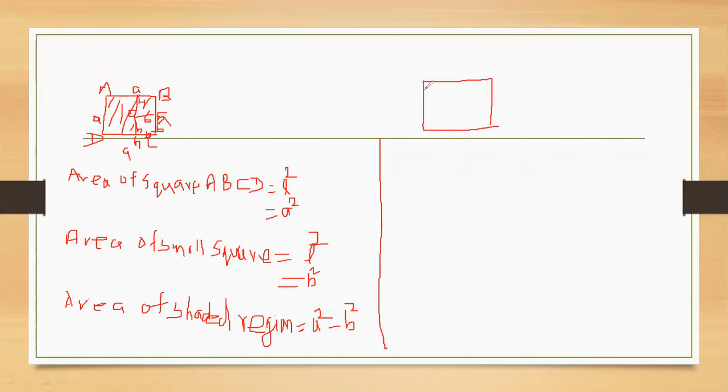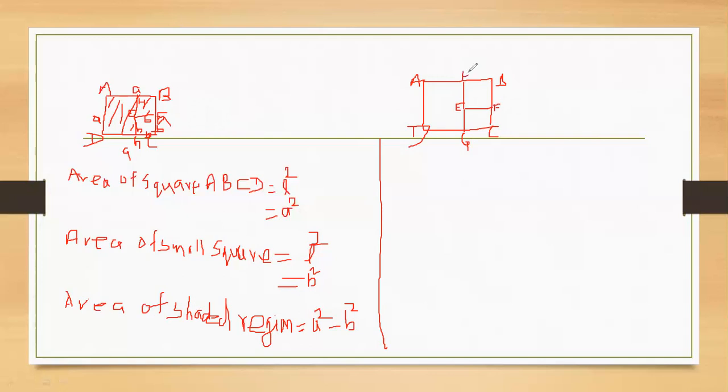This is A and this is B. This is also a square, and this side is C, this side is D. Here is E, here F, and here G, and I told you to extend this up to here, and here will be H.